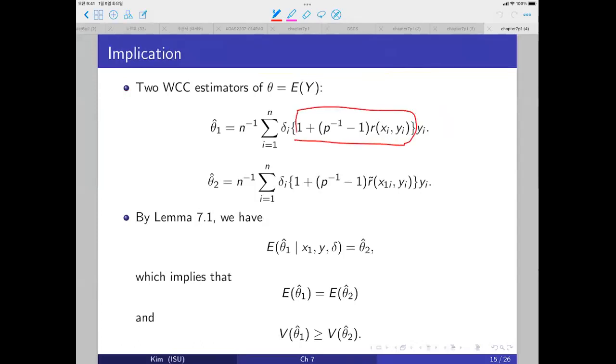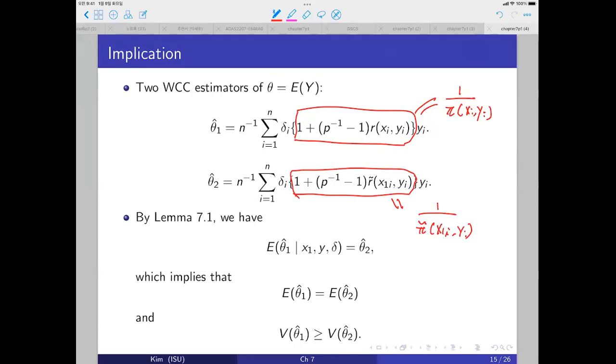What I'm doing here is this is just 1 over pi of xi, yi. This guy is 1 over pi tilde of x1i, yi. Right?